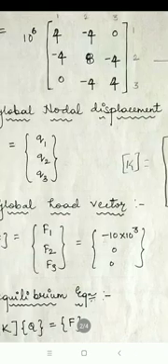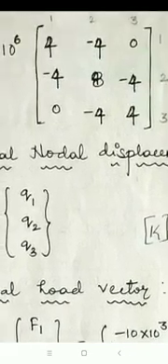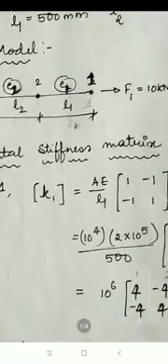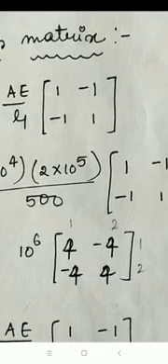Now, after finding, we will get this as the global stiffness matrix. See here, in the place of column 1, row 1, I have written 4. How this 4 comes, we will come to know by looking at K1. See here, in K1, at column 1, row 1, it is 4.